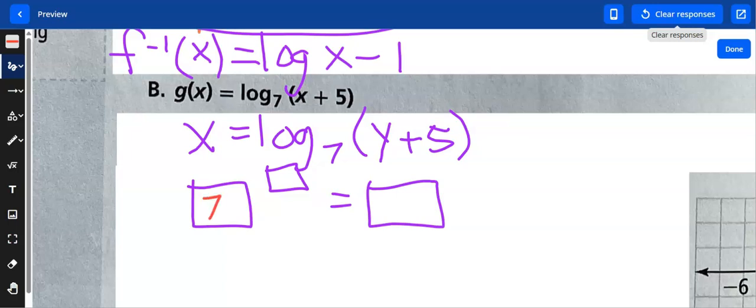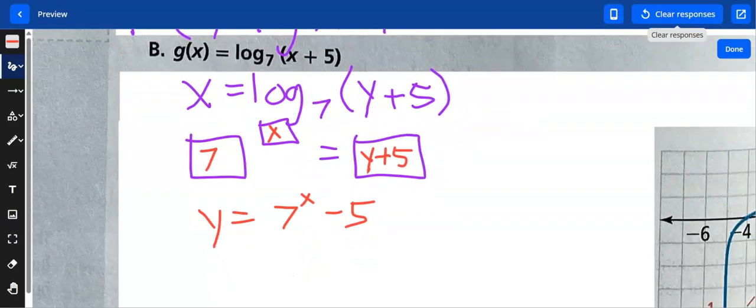What's the exponent? Is it x or y plus 5? It is x, leaving y plus 5 in the final box. We need to get y by itself. Subtract 5, thank you very much. 7 to the x minus 5. This would be g inverse of x.